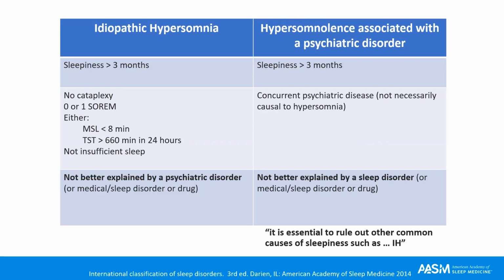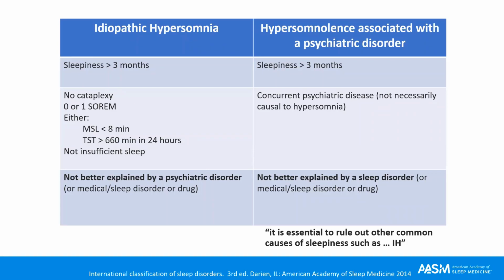And this sort of conventional wisdom says that people with psychiatric hypersomnolence spend a lot of time in bed, but have a normal MSLT, while people with idiopathic hypersomnia have a long sleep time and an abnormal MSLT. I think the more these two populations are studied, the more we see that conventional wisdom is not always true.